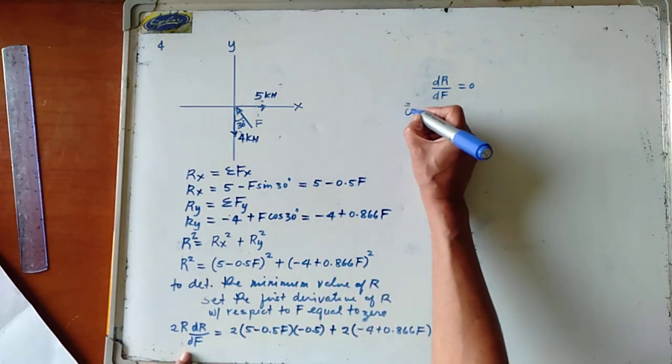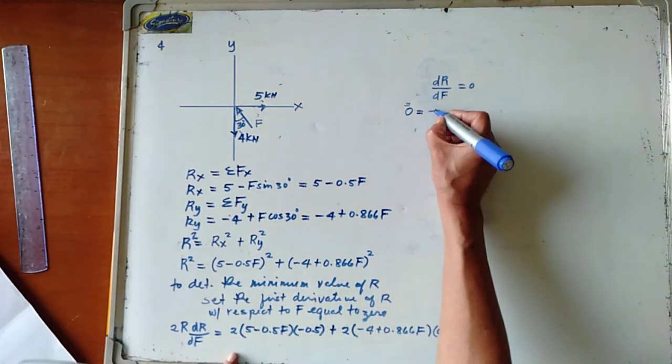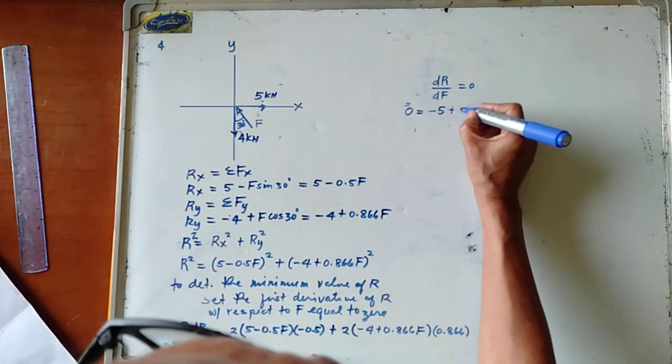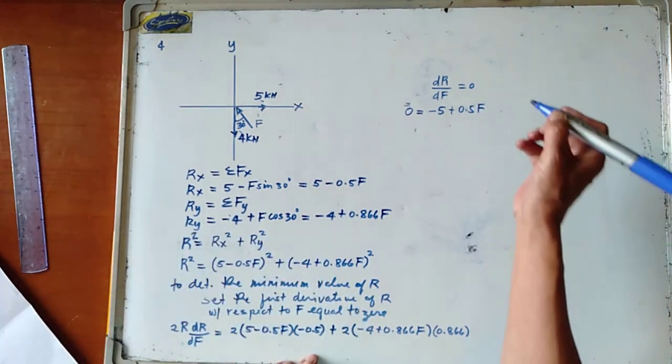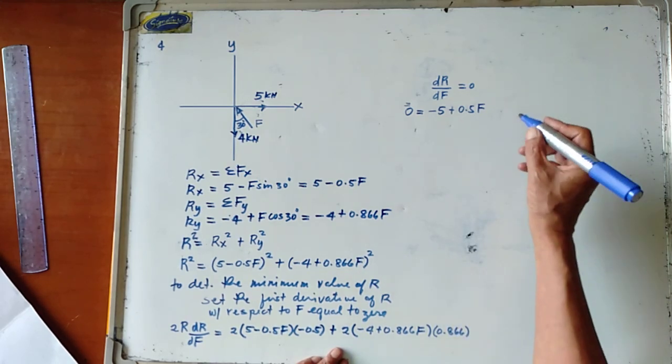We now have 0 equal to 2 times 5 times negative 0.5, so that is negative 5, and then plus 0.5 F. 2 times negative 4 times 0.866 gives negative 6.928.